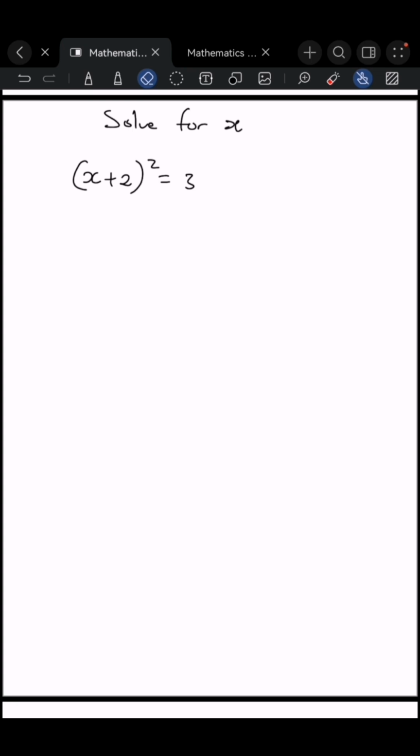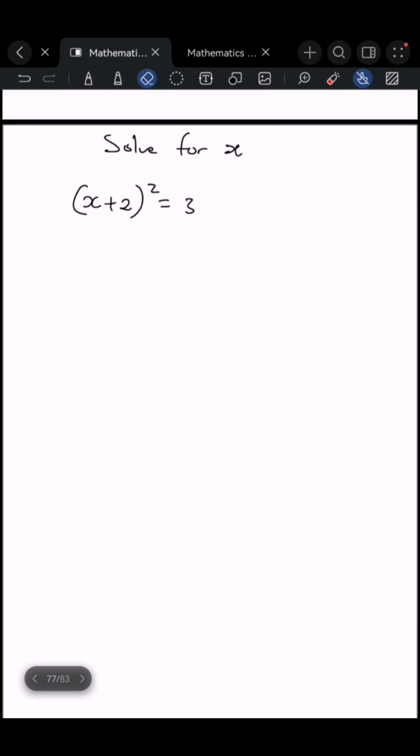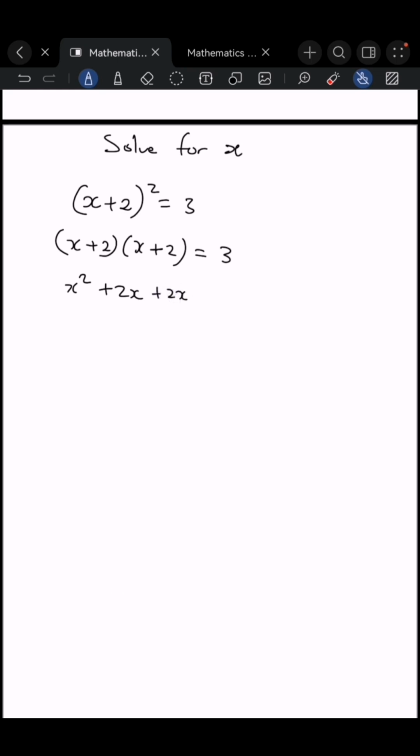Here's a basic question. Solve for x where (x plus 2) squared is equal to 3. Obviously, we start by opening the brackets, which is going to be x plus 2 times x plus 2 is equal to 3. Therefore, x squared plus 2x plus 2x plus 4 is equal to 3.